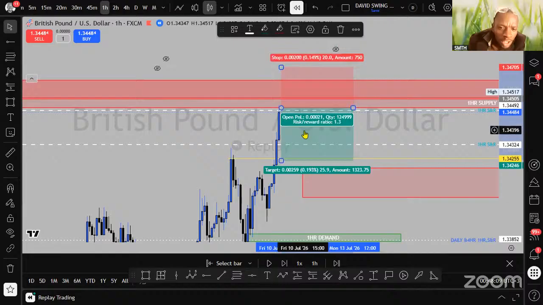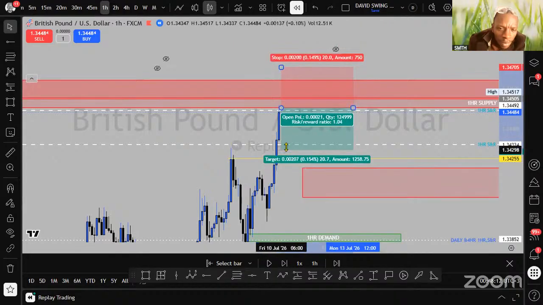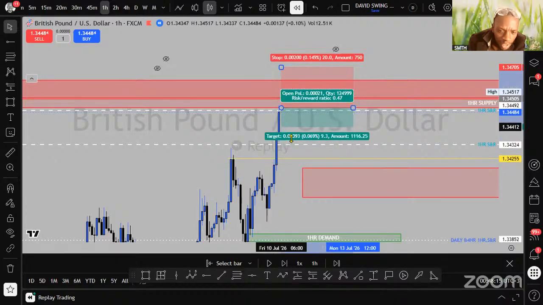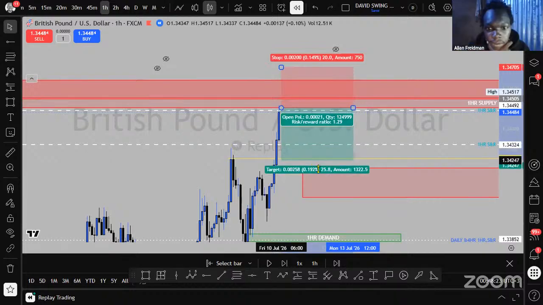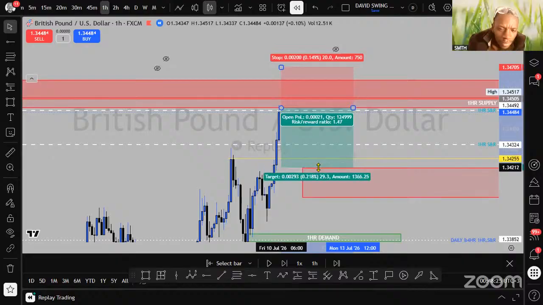Now you can confidently push a sell right now and say you want the first TP to be this line. Second, here. Third, here. Are you able to see that?